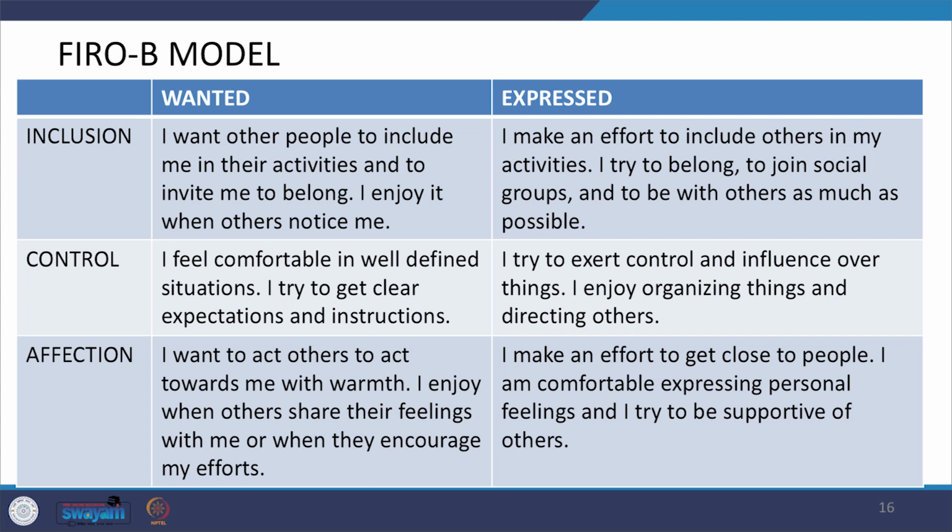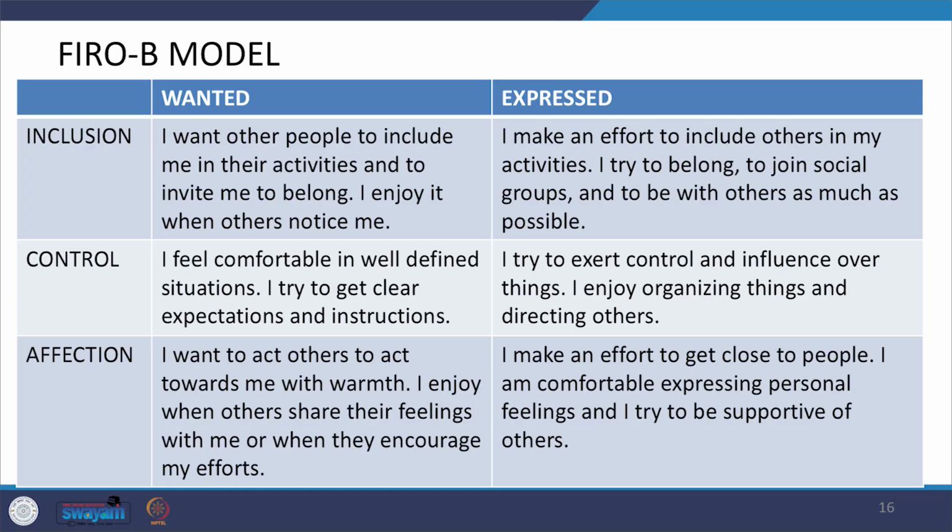Now, when we are talking about control, first we will see the behavior in wanted control. I feel comfortable in well defined situations. I try to get clear expectations and instructions. Whenever I want somebody to control me, if the wanted control behavior is there, I will be looking for clear expectations and instructions.